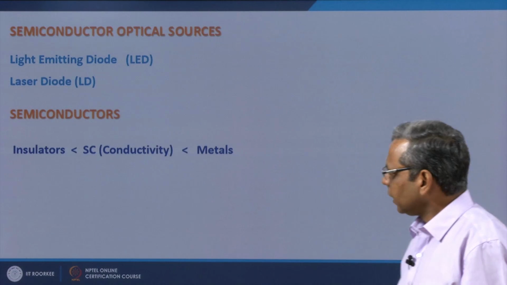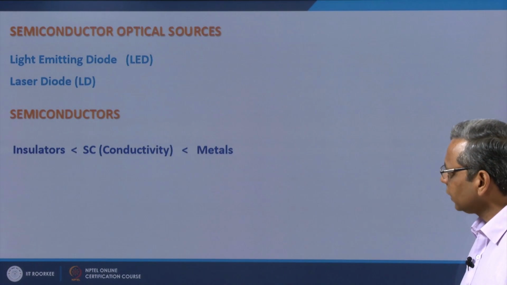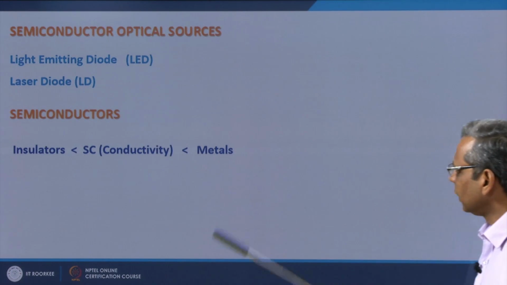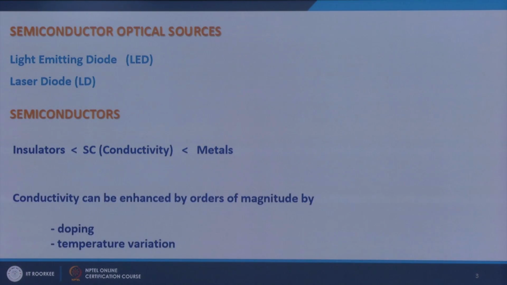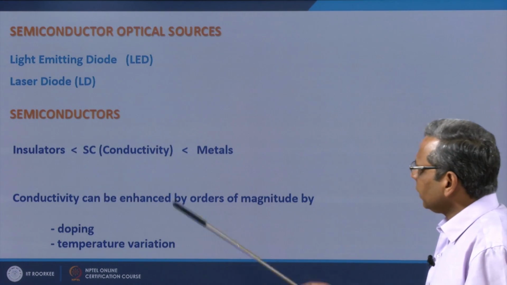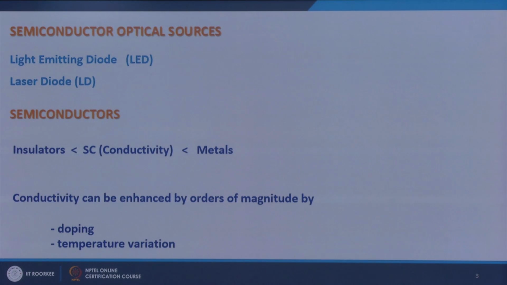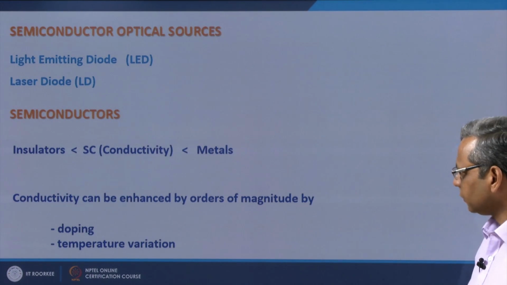We know that semiconductors are the materials whose conductivity lies between the conductivity of the insulators and the metals. Conductivity of semiconductors can be enhanced by orders of magnitude by doping and or by temperature variation.